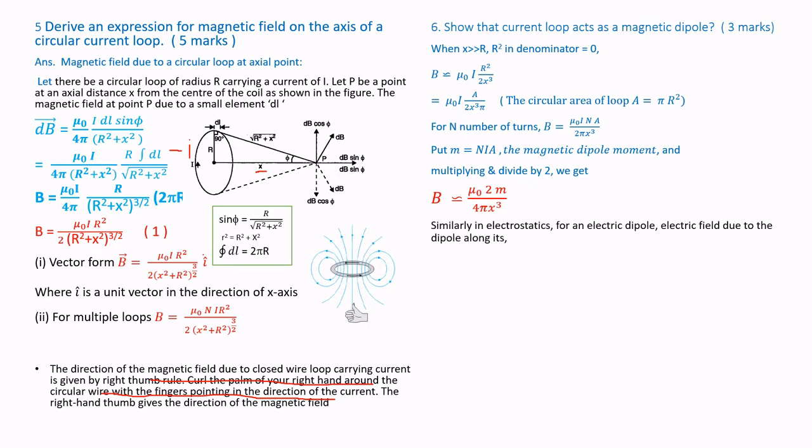Similarly, if we compare with the electrostatics equation for an electric dipole, which we have studied in chapters 1, 2 and 3, its equation was given by E is equal to 1 over 4 pi epsilon naught into 2P_E, where P_E is the electric dipole moment, divided by x cube.